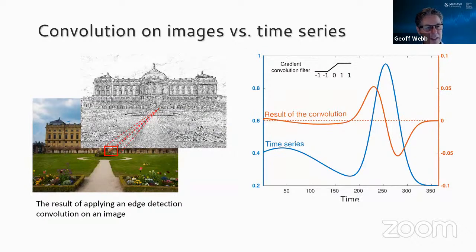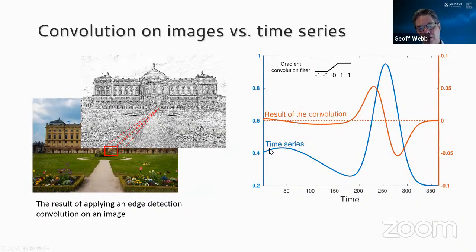On the left here, I show the result of applying an edge detection convolution to an image, and you get strong responses for parts of the image that are edges and weak responses for areas that are not edges. You can apply the same idea to time series.